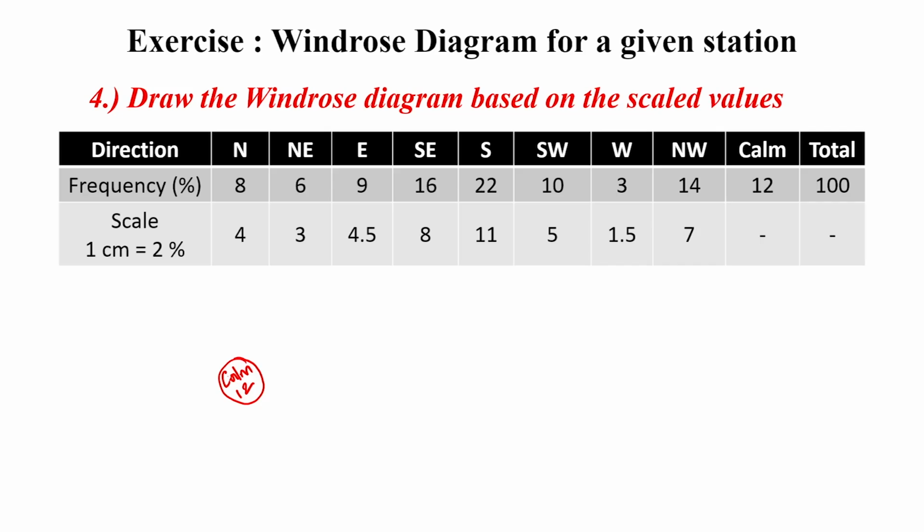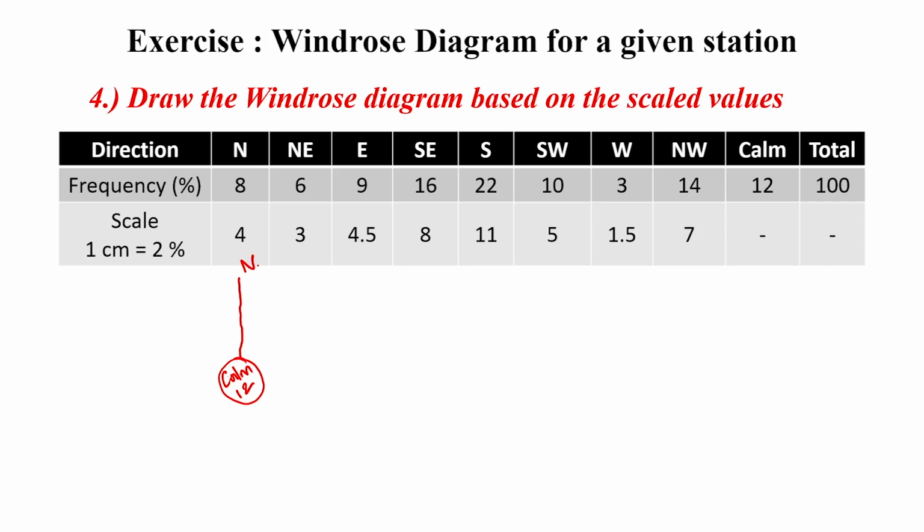Now, I have to take a scale, place it on top, measure 4 centimeters and draw a line facing the northern direction. This line will be 4 centimeters and I will write the direction, north, on top.